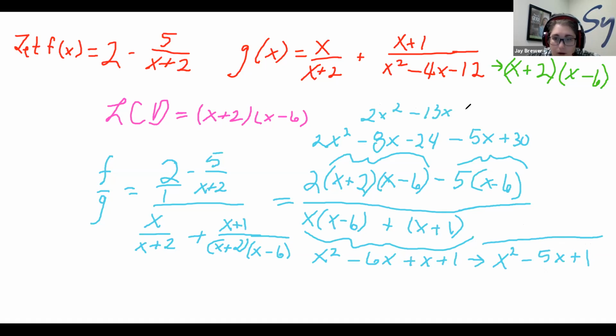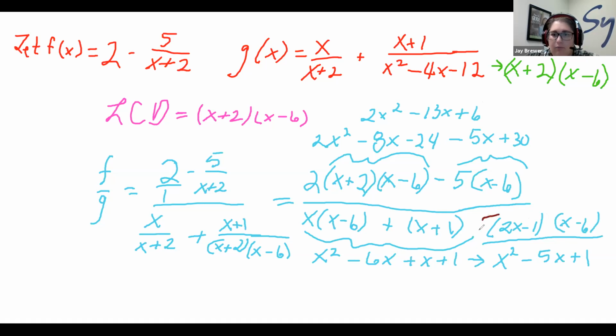And then 30 minus 24 will give us a plus 6. Now that does factor. It factors into 2x minus 1 and x minus 6. Okay, so this is your overall answer.